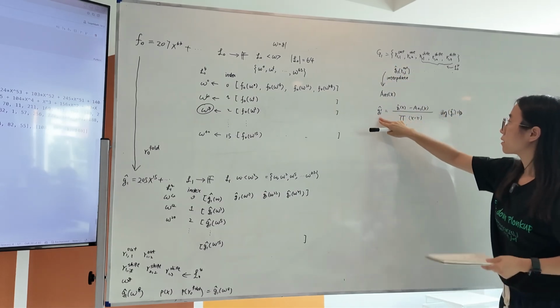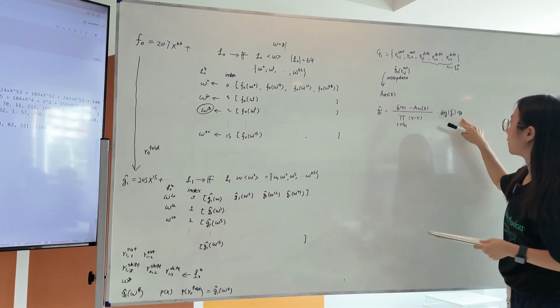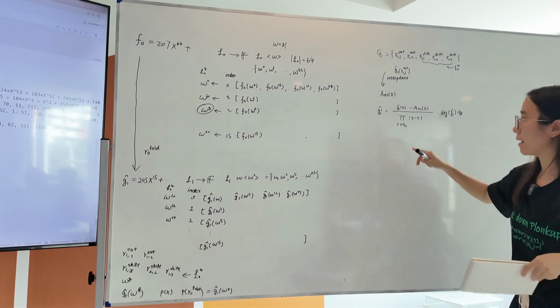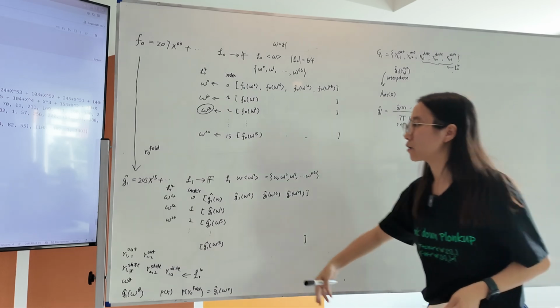So this polynomial's degree is 10, and we should do degree correction to get the next polynomial to repeat this round.